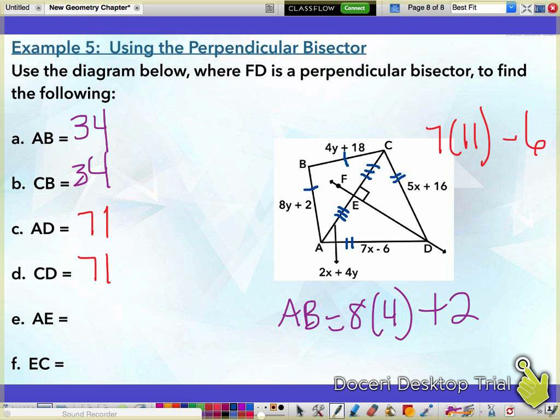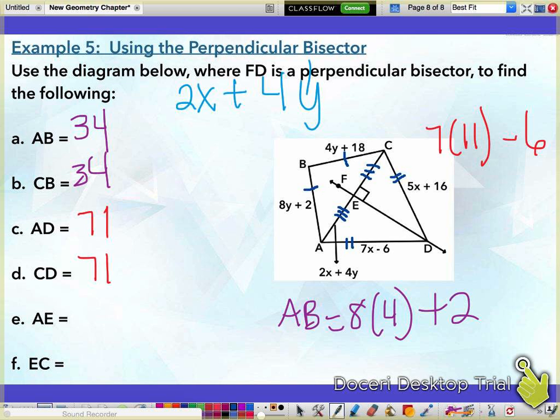Now we have to find AE and EC. Okay, so here is what AE is: 2x plus 4y. So how do I solve that? You plug in x and y.